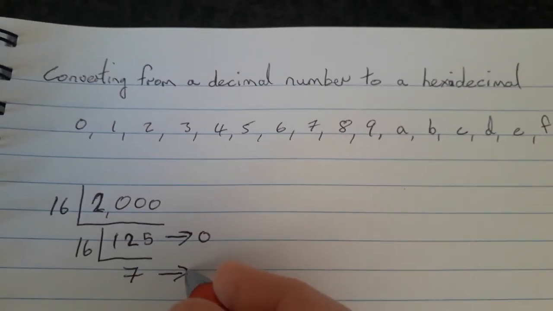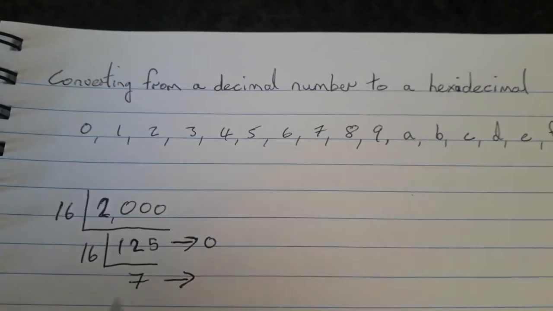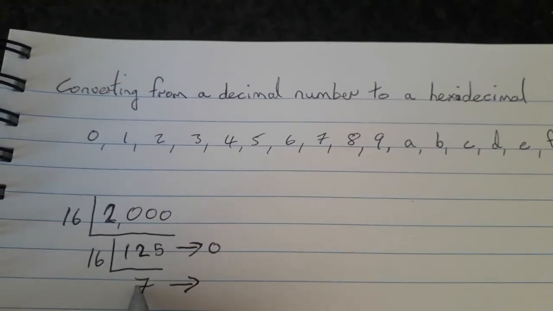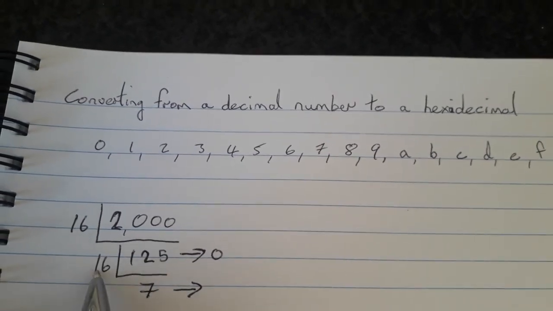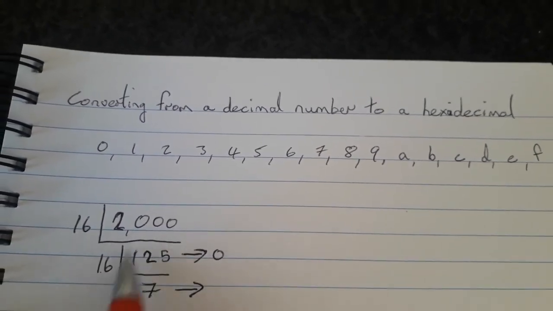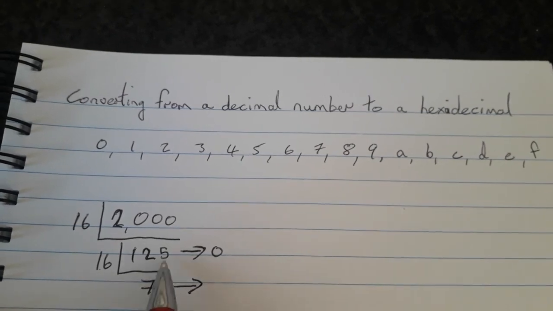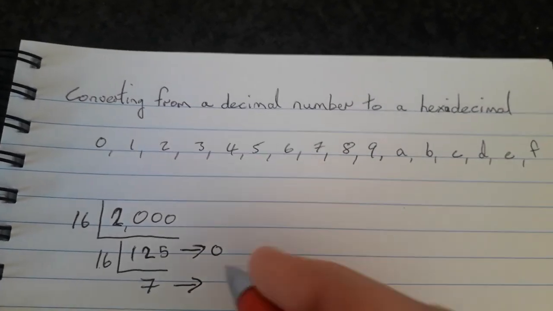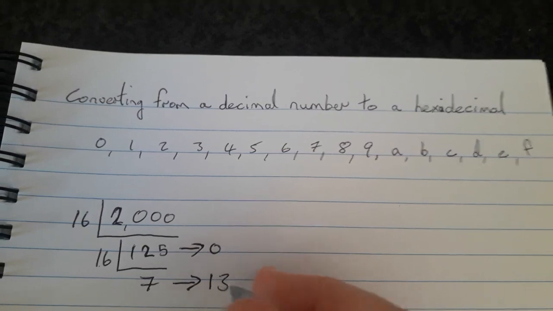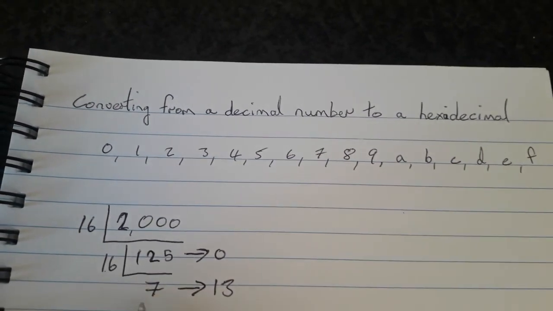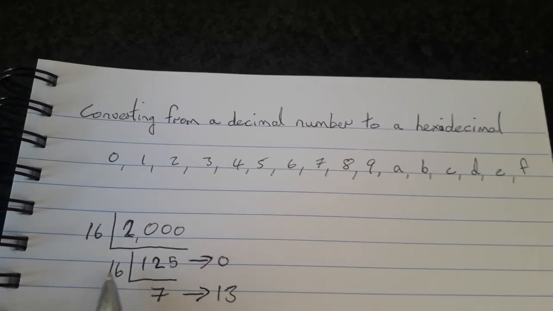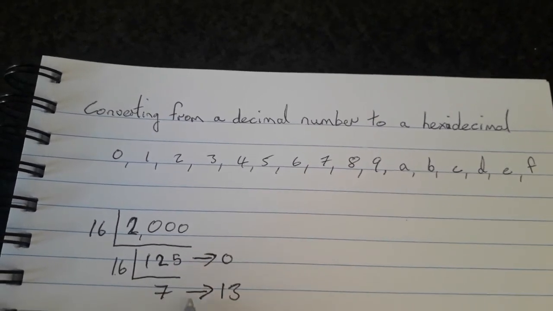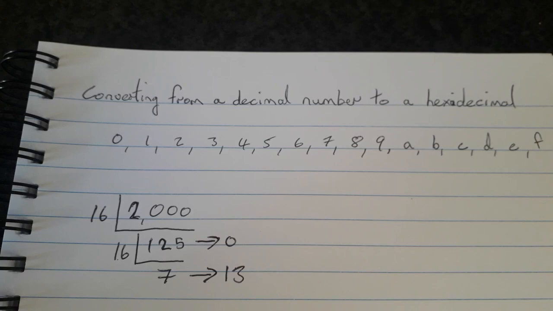So you can write your 7 down here, and to find out what the remainder is, you multiply 7 by 16, which gives you a number less than 125, and subtract that number from 125 to get your remainder, in this case 13. So 16 goes into 125 7 times, with 13 left over, a remainder of 13.